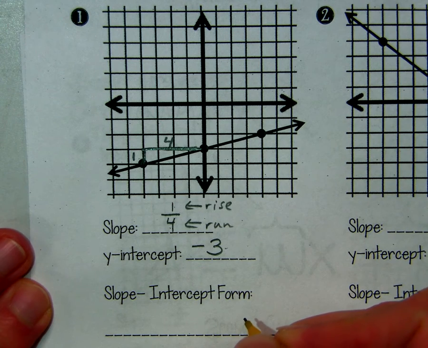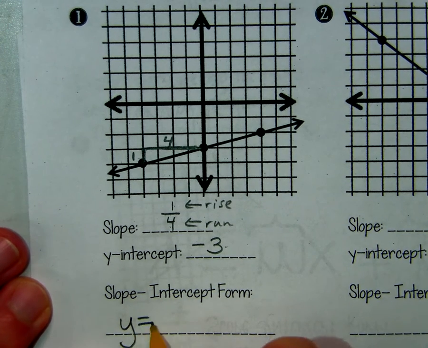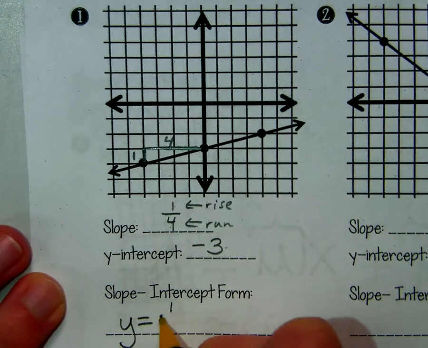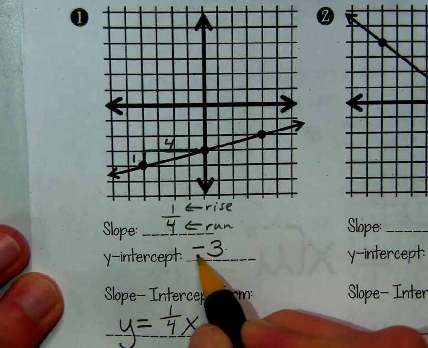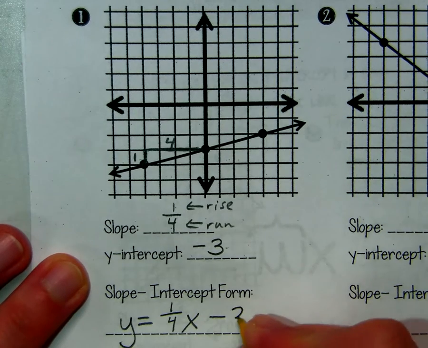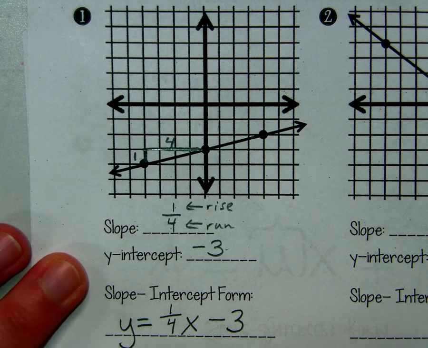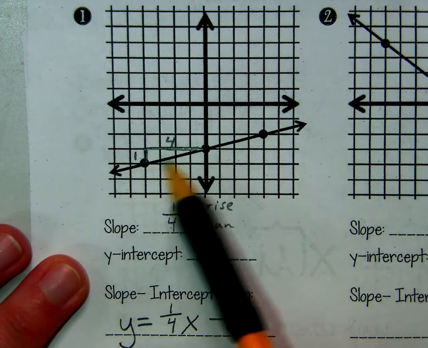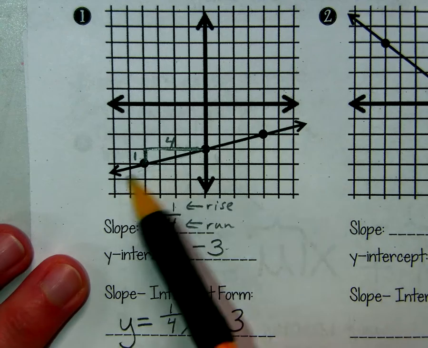So if we're going to write our slope-intercept form, you always start with y equals, and then the slope goes with x, so we do 1/4 x, and then the y-intercept is -3, so we put a -3 on the end. You could also do plus -3, but it's just a little simpler if we just use -3. So that is the equation for this line. And you could use this equation to find any point that you want to.